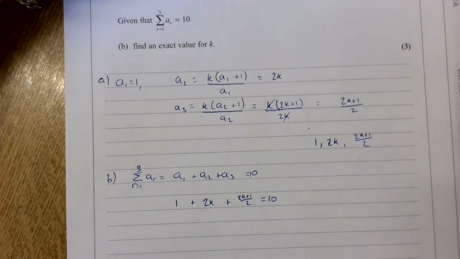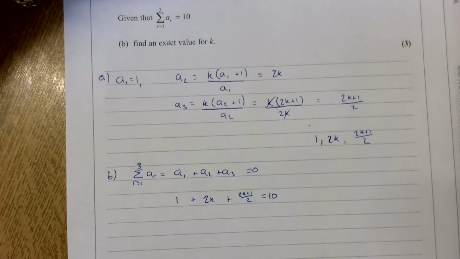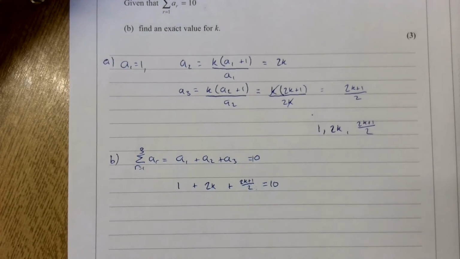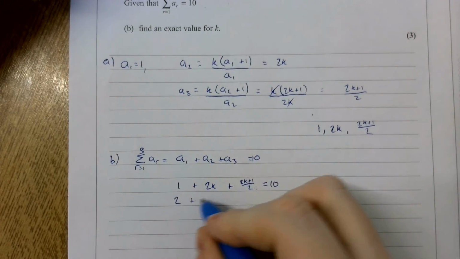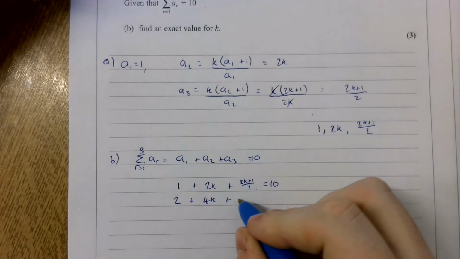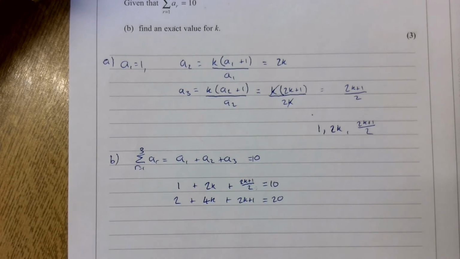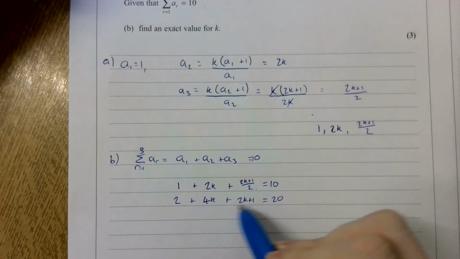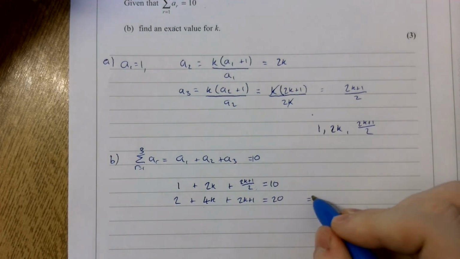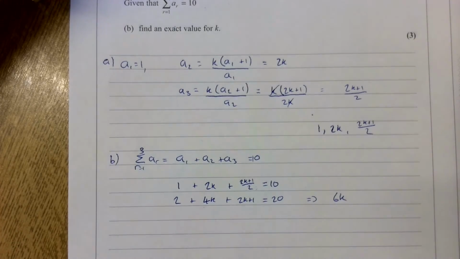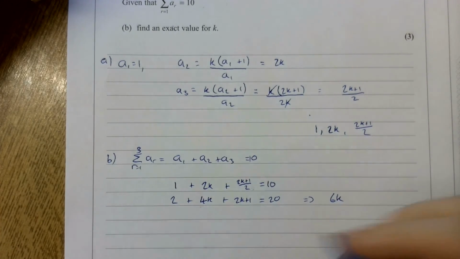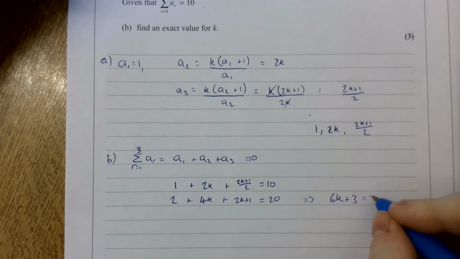I'm going to multiply everything by 2 here just to get rid of the fractions. So that's left and right side of the equal sign. So I've got 2 plus 4k plus 2k plus 1 equals 20. Let's tidy that up a little bit. I've got 4k and 2k, which is 6k, and I've got 2 plus 1, which is 3. That equals 20.